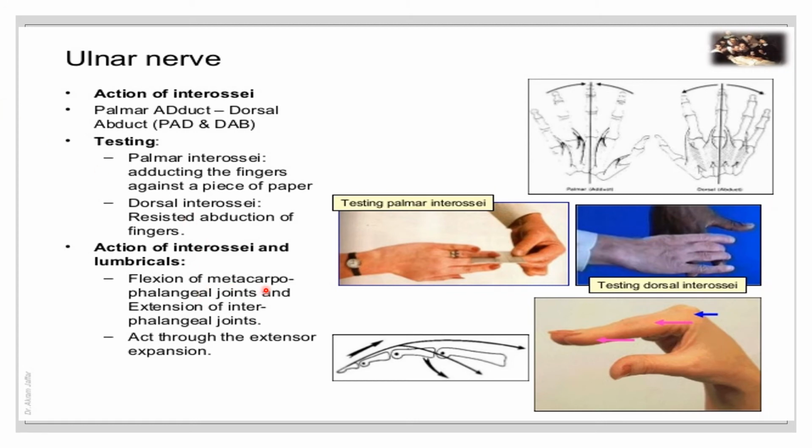So in claw hand, when there is damage to the lumbrical muscles, there is hyperextension at the metacarpophalangeal joint and flexion at the proximal and distal interphalangeal joints of the fourth and fifth fingers. I'll show you it in detail.